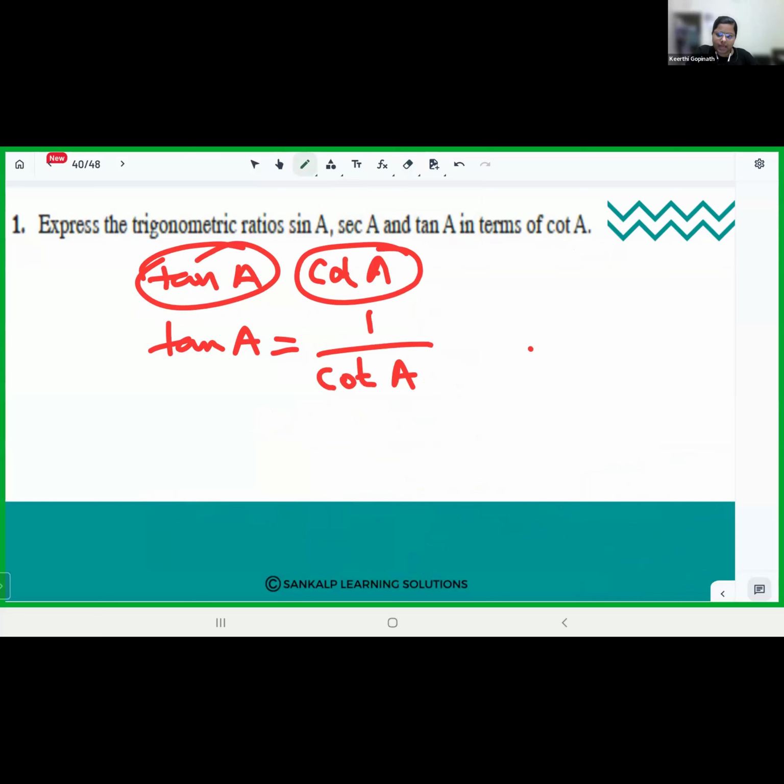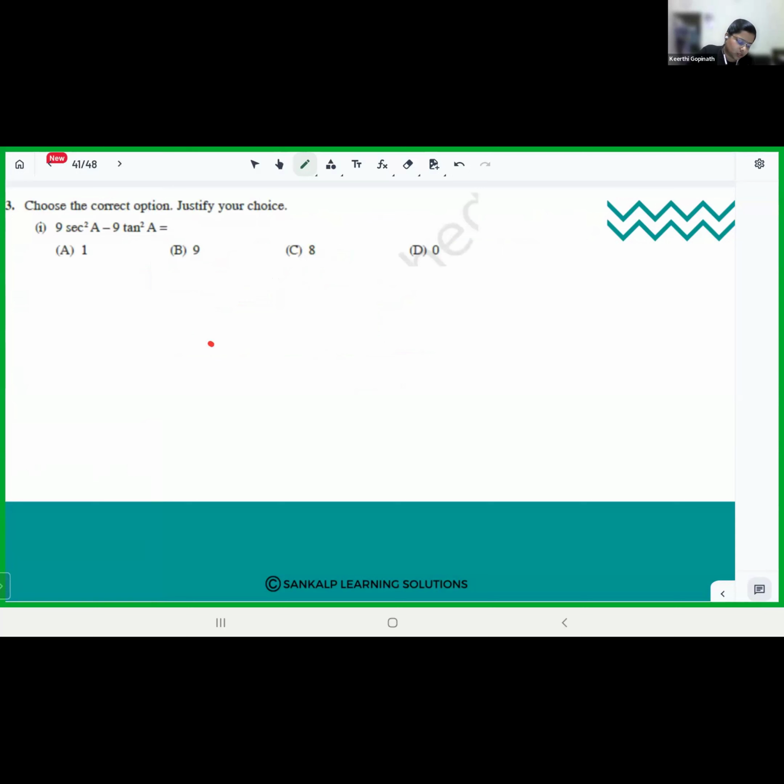Now we are moving on to the second one. This one is a multiple choice question and you have to justify the answer also. We have to first find the correct option and we have to justify the choice also.